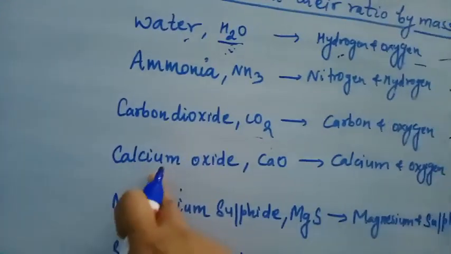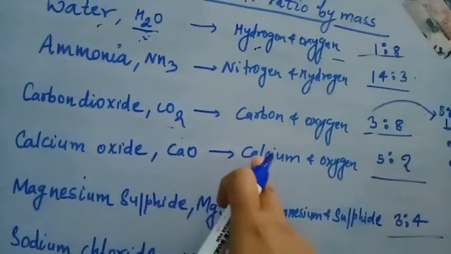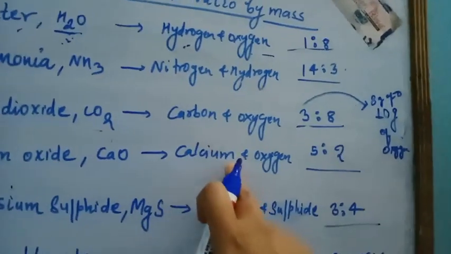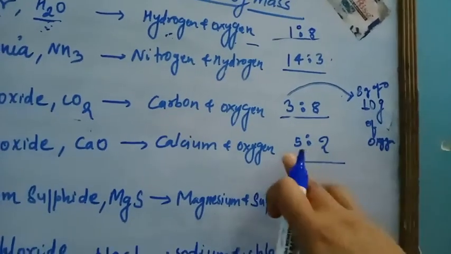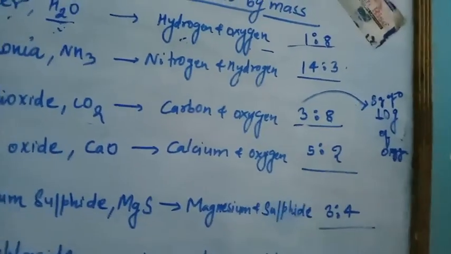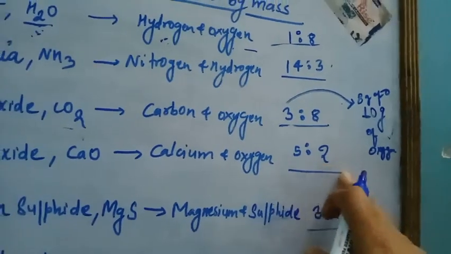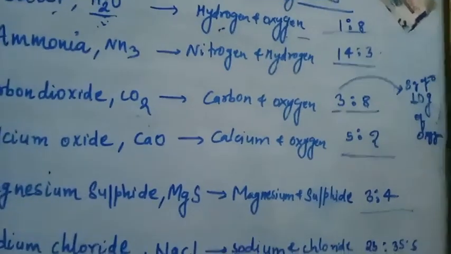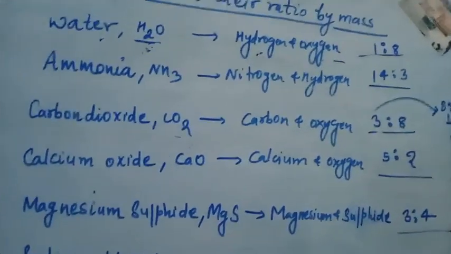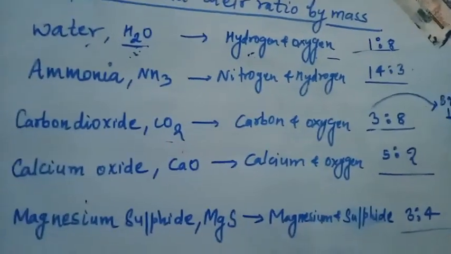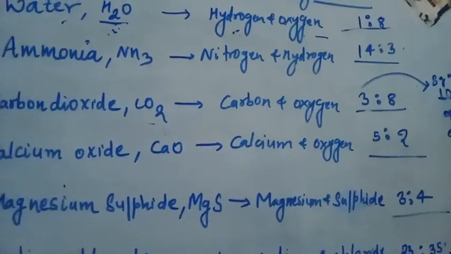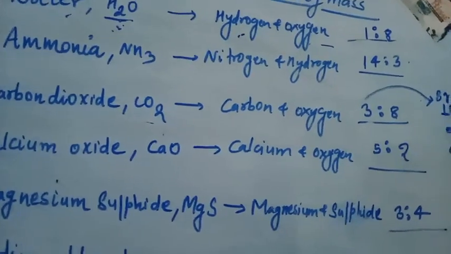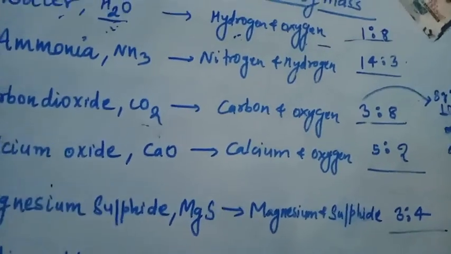Similarly, you can see calcium oxide. In calcium oxide, the combining elements are calcium and oxygen, and they combine in the ratio 5:2 by mass. Mass we can indicate in grams or in AMU.